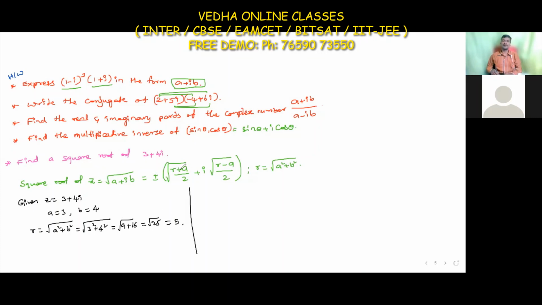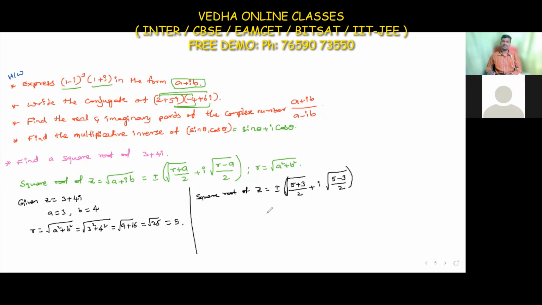Now apply the formula and substitute. The square root of z equals plus or minus root of (r plus a) divided by 2, that is (5 plus 3) divided by 2, plus i into root of (r minus a) divided by 2, that is (5 minus 3) divided by 2.